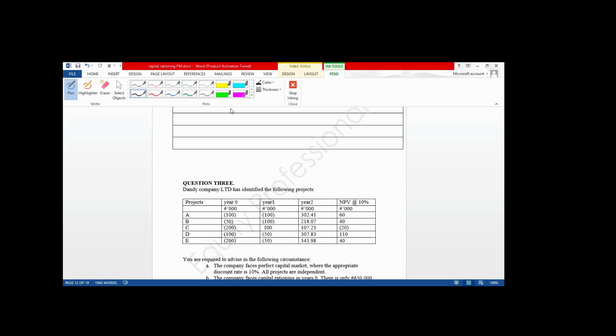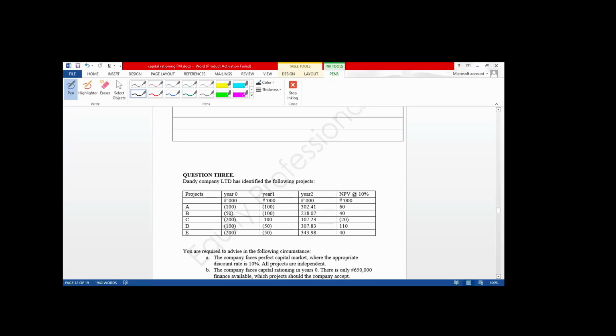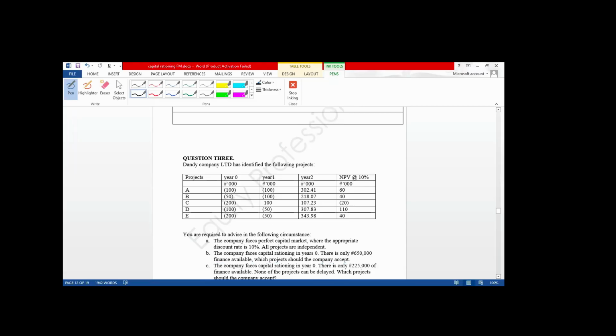Now, requirements. You are required to advise in the following circumstances. Circumstance A, the company faces a perfect capital market where the appropriate discount rate is 10% and all projects are independent.